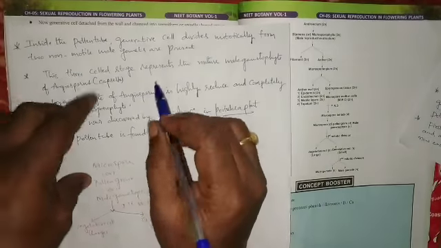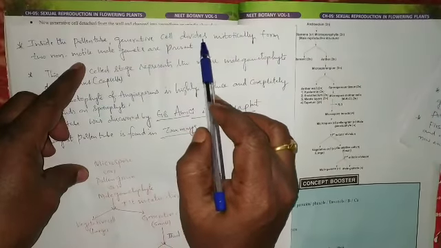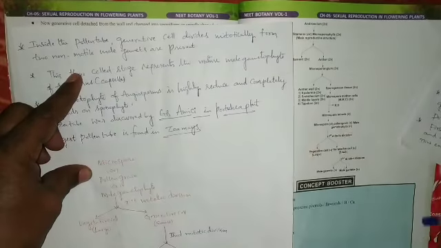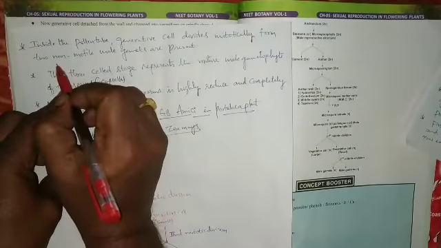Then inside the pollen tube, the generative cell divides mitotically and forms two non-motile male gametes.